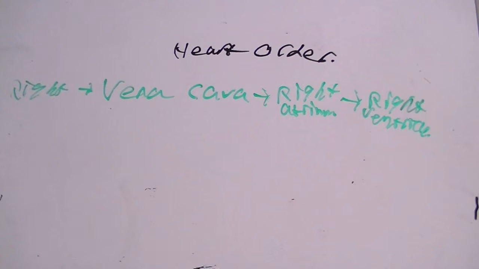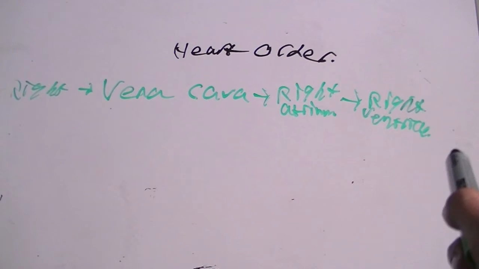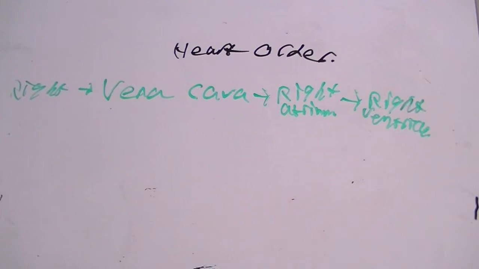Okay? Now remember, the right ventricle is the larger part. So the way you can remember this is it goes from smaller to larger. Now the right ventricle basically does the same thing, and it contracts and pushes blood. Now the right ventricle will push the blood into the pulmonary artery.